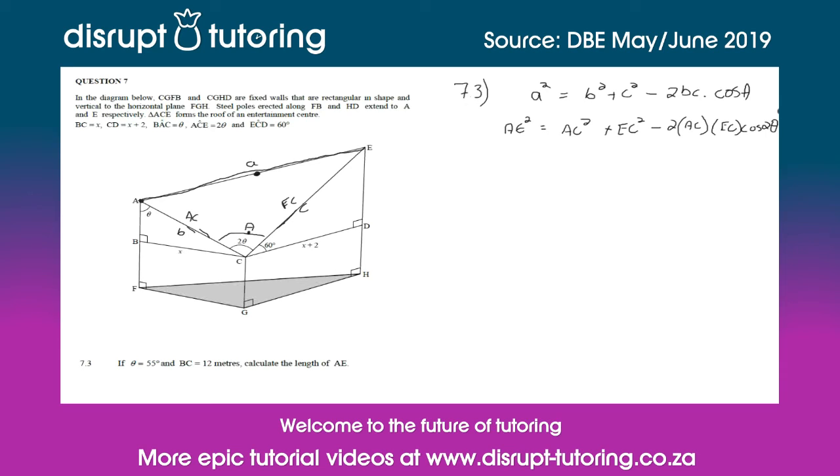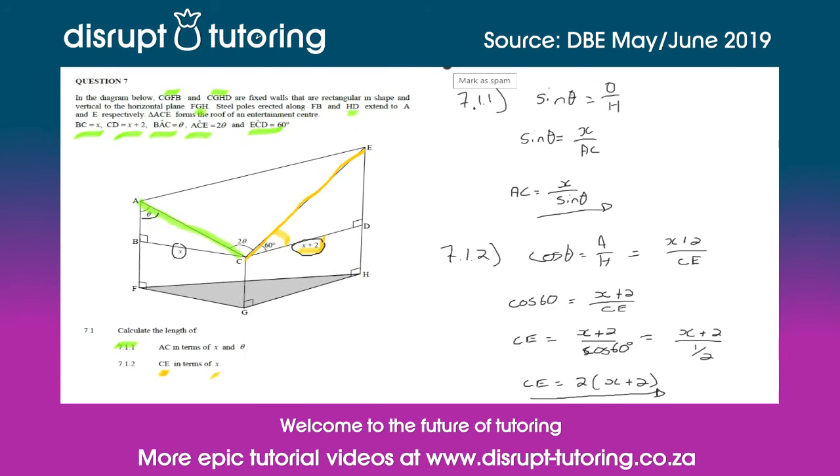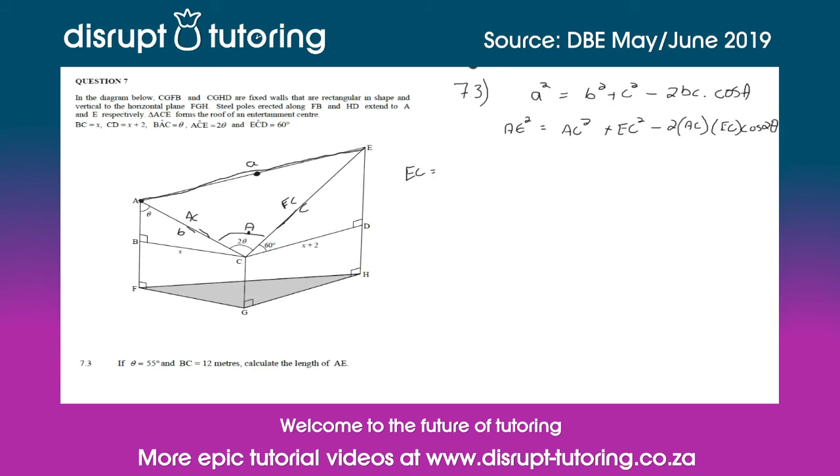Okay, so EC or CE we've said in terms of x is 2 times x plus 2, so EC will equal 2 times x plus 2, and they've told us that BC equals 12 meters, and remember BC is also equal to x, so we can substitute in 12 for x, so EC equals 2 times 12 plus 2, which is going to equal 28. So now we've got EC.